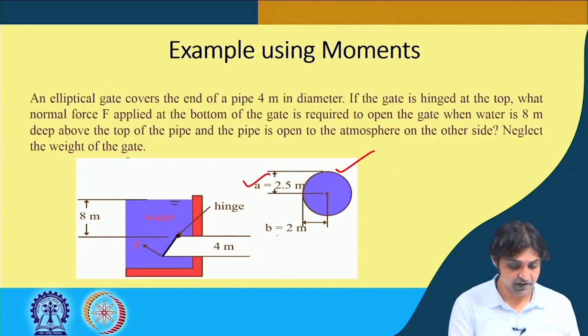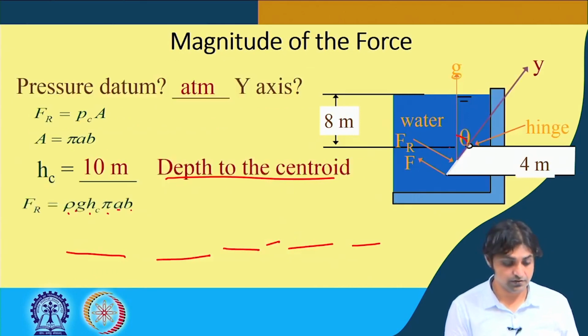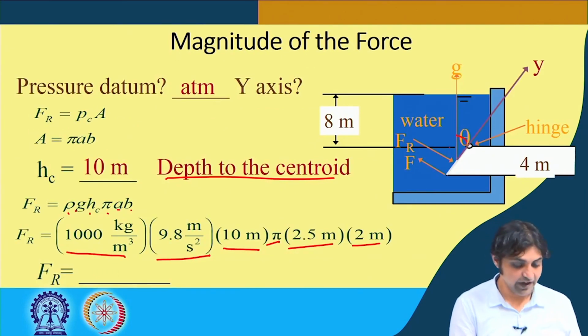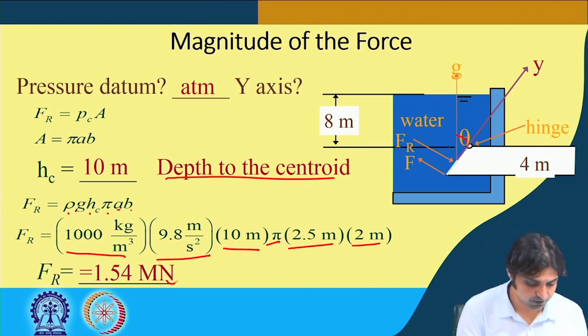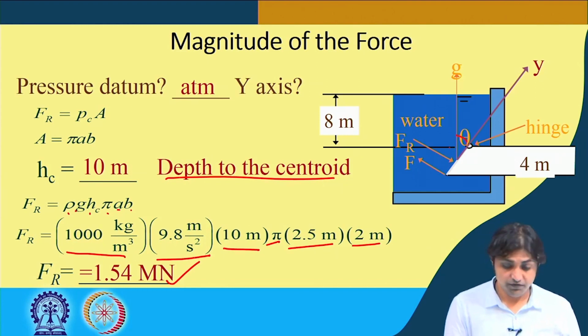So FR finally comes out to be 1.54 meganewton. Very simple to calculate. Meganewton is 10 to the power 6 actually. So we proceed to the other part now.